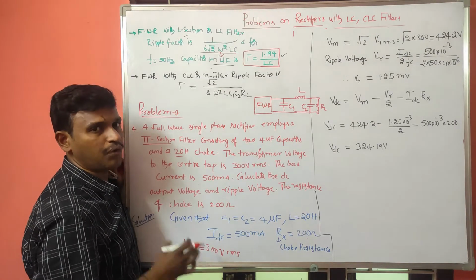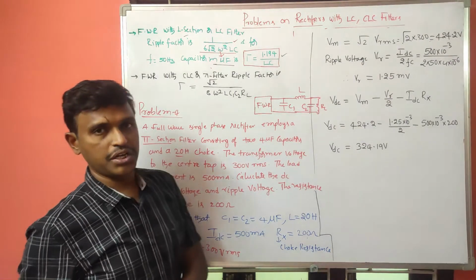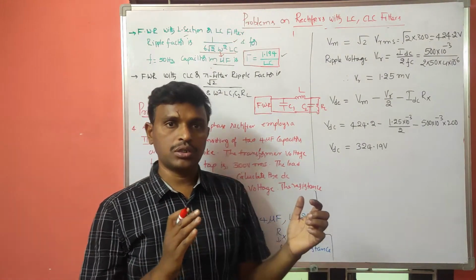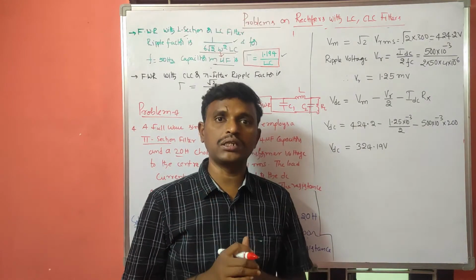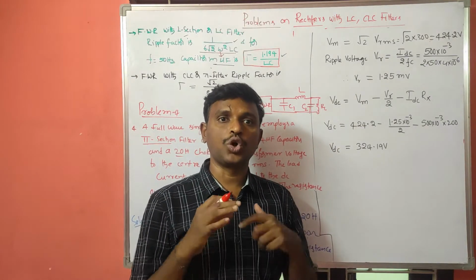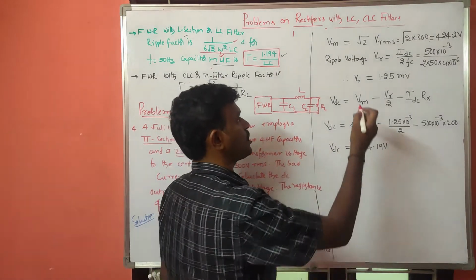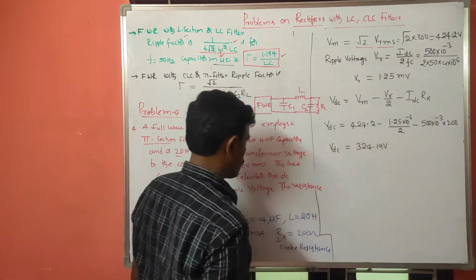Now what do we have to calculate? We have to calculate the DC output voltage. I already told you that to calculate the DC voltage or DC current, we require the calculation of the maximum voltage. That maximum voltage is equal to root 2 times Vrms.